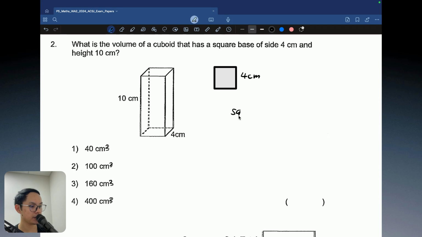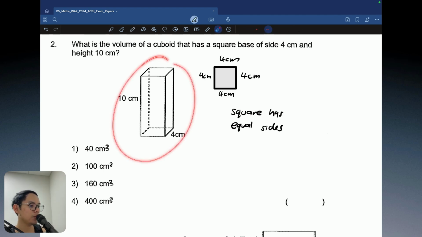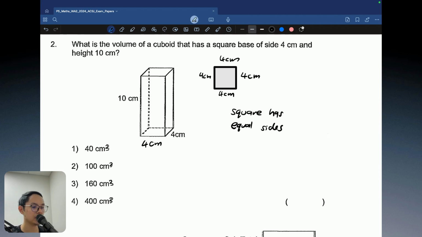A square has equal sides. That means this side is 4 cm, this side is 4 cm, and this side is 4 cm. So in this volume, we know one side is 4 cm, which means this side over here is also 4 cm.